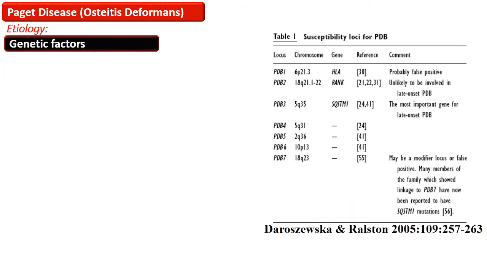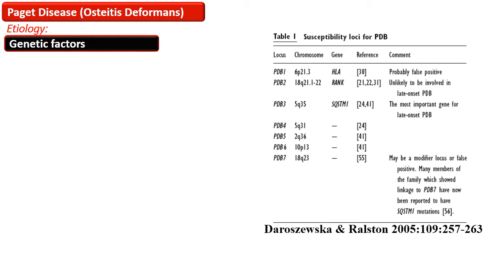So regarding the genetic factors, 7 potential susceptibility loci have been identified for Paget's disease of the bone. SQSTM1 is the most important one for the development of adult Paget's disease of the bone.